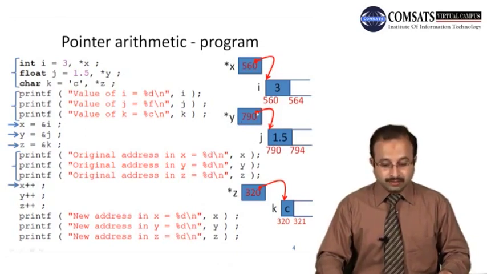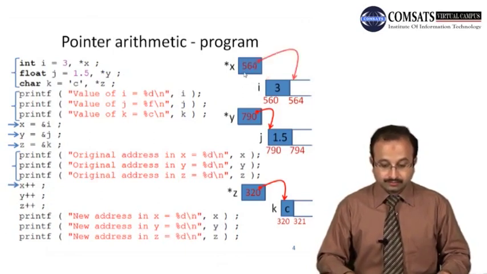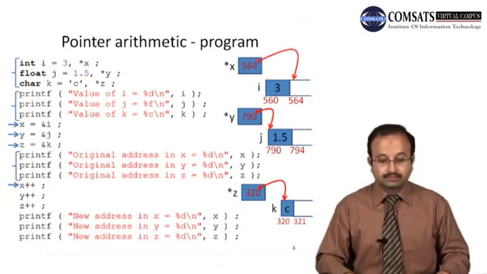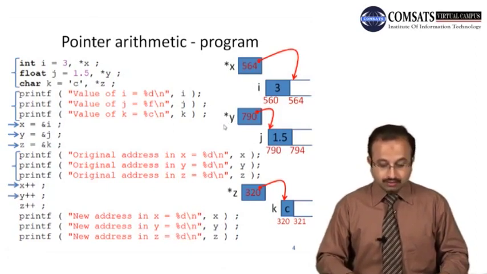Similarly, when the statement x++ is executed, the value of the pointer x will be changed, and this will become 564, and it points to the next 4 bytes, right? Now when y++ is executed, the value of this pointer is also changed.